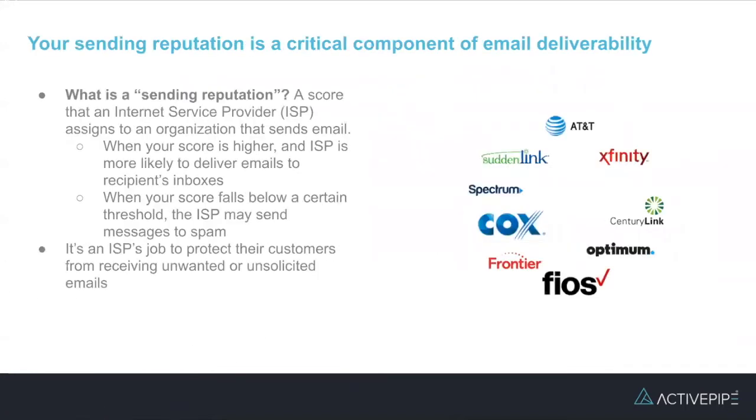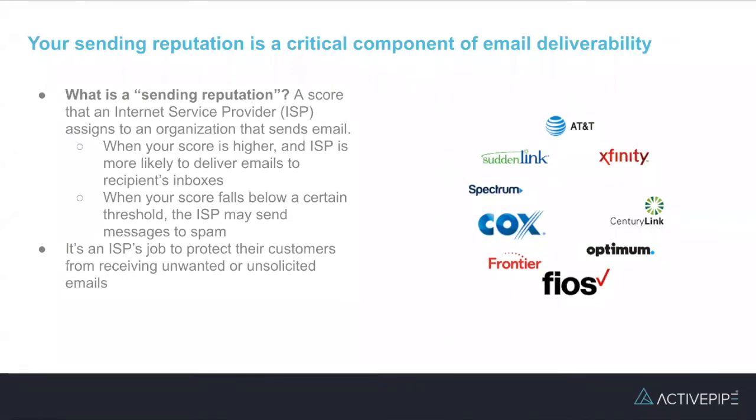The first thing that I want to go over is a term that's really important for us to talk about, which is sending reputation. To me, the best way to think about your sending reputation is kind of like a credit score. It's basically a score from 0 to 100, and it's assigned by internet service providers. You'll see there's a couple of examples over here, and these help rate your reputation score.